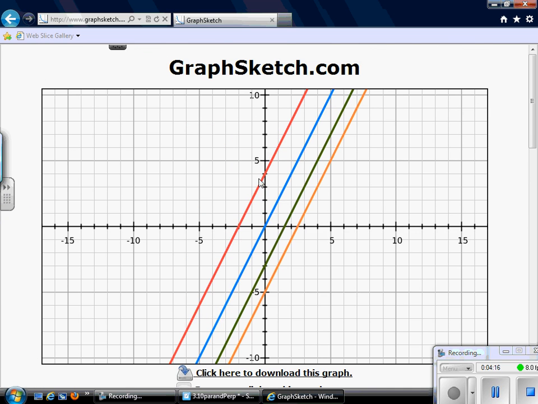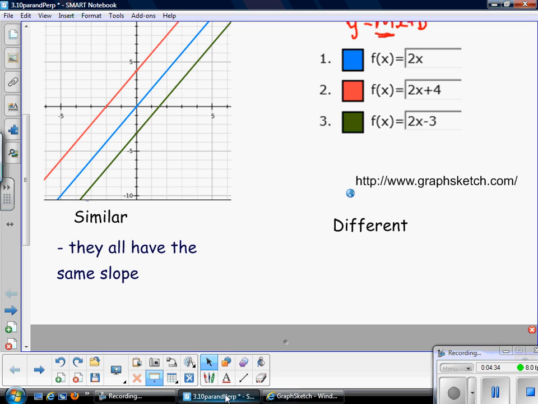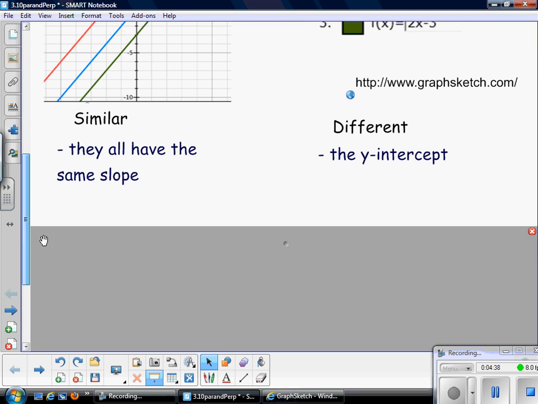This one crosses at 4, this one at 0, this one at negative 3, and this one at negative 5. So they're crossing the y-axis at different locations, but their slopes are identical. So how are they different? The y-intercept is different for all of them.